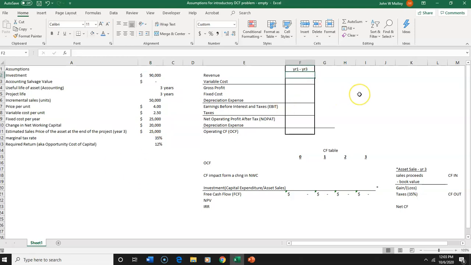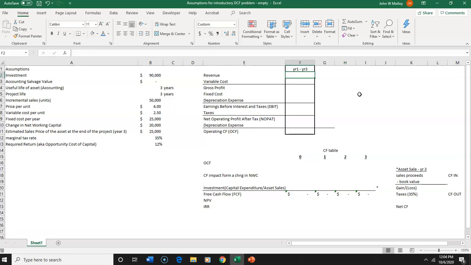One of the things that we're doing when we do an analysis like this is we're going to create almost like a little set of financial statements just for the project. It's almost like we have a little mini company that we're creating, and we want to capture the financial information for it. Not all the financial information, but the relevant financial information, okay? So I'm going to start out with an investment of, let's say, $90,000, okay?